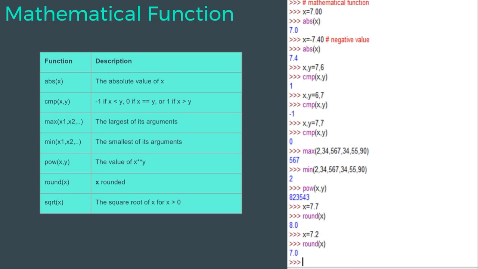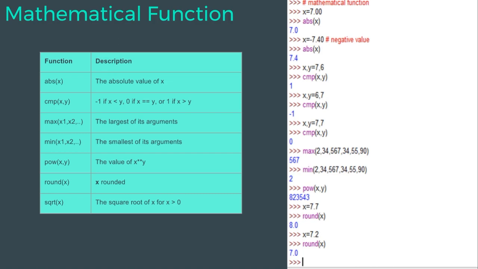It will convert your x into the absolute value of x. Here the number is already positive, so you can't see the change. Now if we give x is equal to minus 7.4, meaning a negative value, then you write abs of x, it will give a positive answer of 7.4.